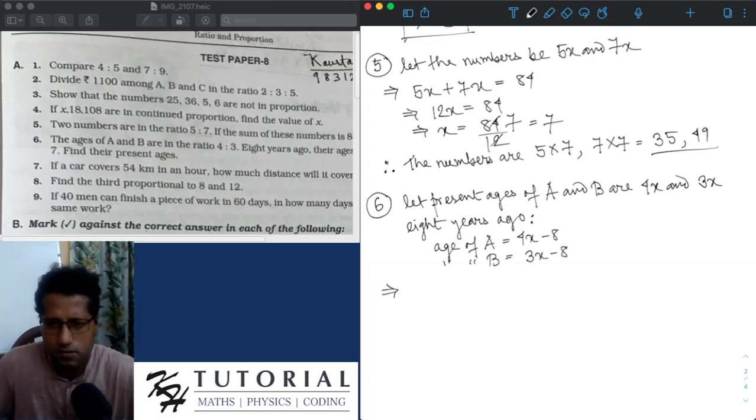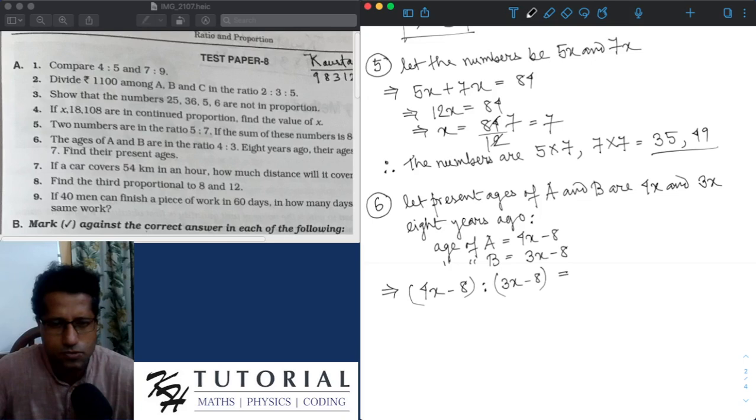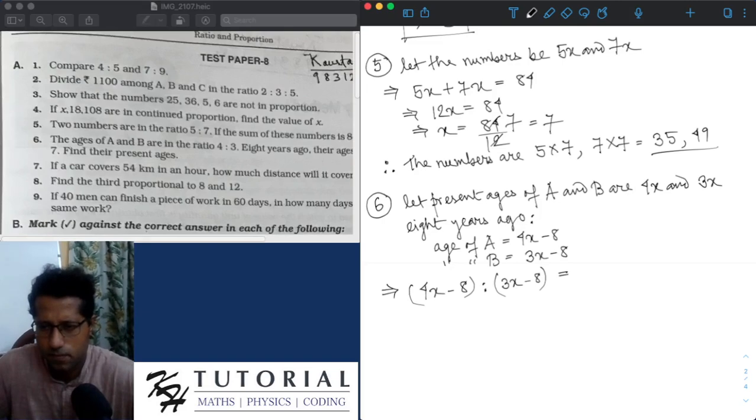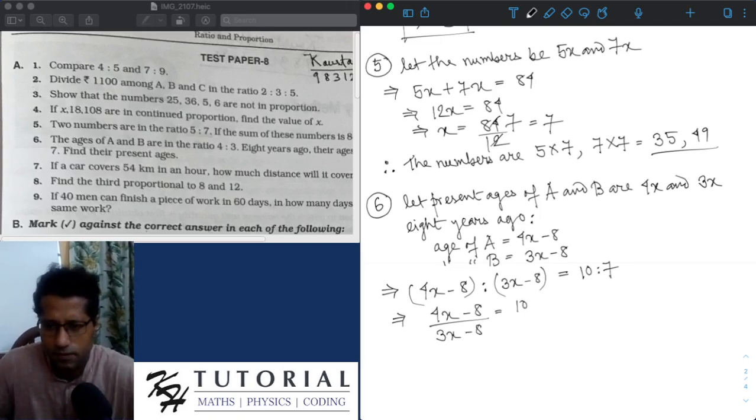The ratio of the ages of A and B 8 years ago is given to be 10:7. So we can say that 4x minus 8 is to 3x minus 8 equals 10:7. That is, 4x minus 8 divided by 3x minus 8 equals 10/7.